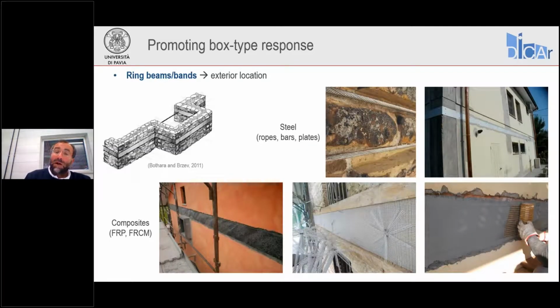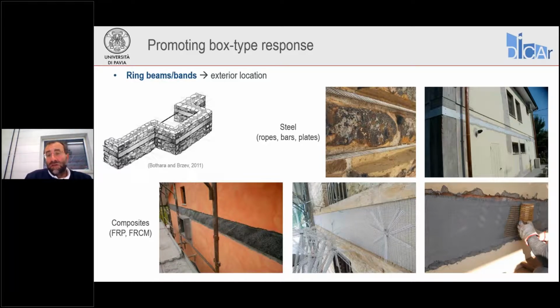We can also locate our ring beams or our bands on the exterior of the building, basically by wrapping the building either with steel rods, ropes, plates, as shown here at the top, or with composite materials, such as FRP or FRCM. In this case, the ring beam serves only as reinforcement for the masonry to resist tension for chord and collector action.